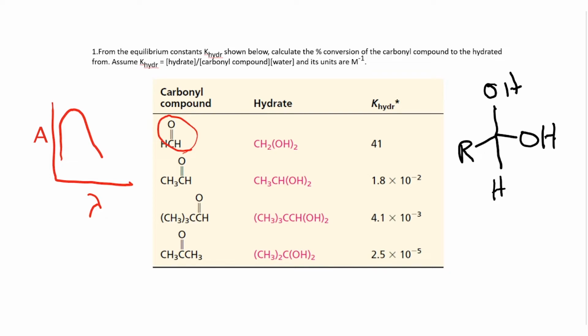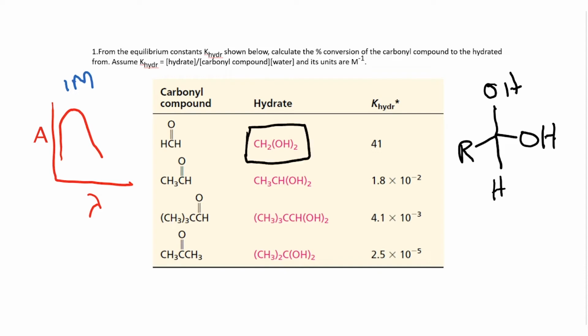Now let's say we start with 1 molar of the aldehyde and measure the absorption; you will get some value. Then you make the same 1 molar solution in water. When you do this in water, what may happen is that the aldehyde or ketone will convert to the hydrate.